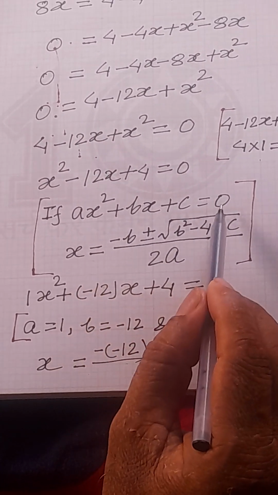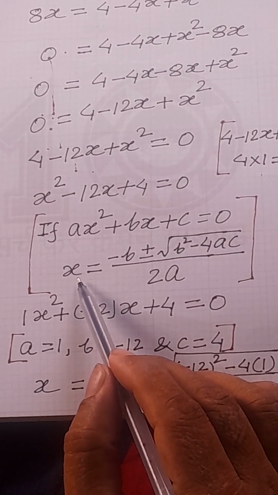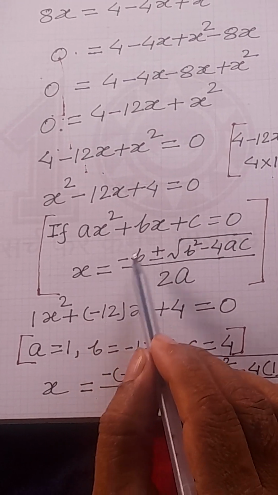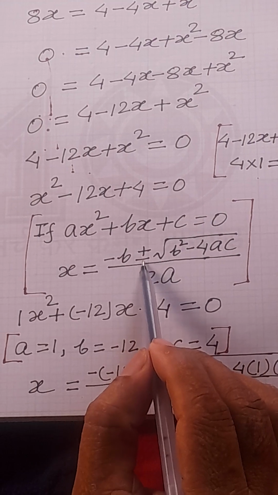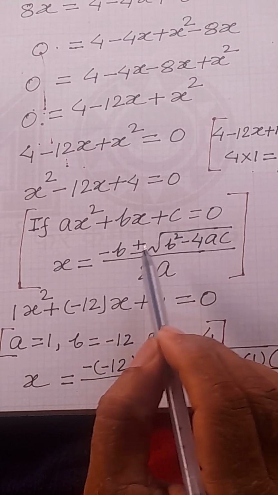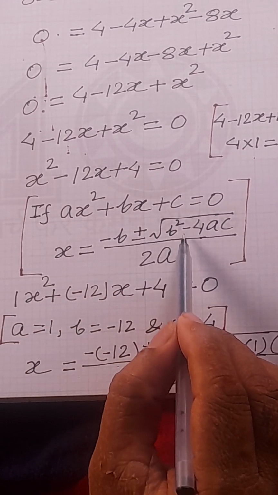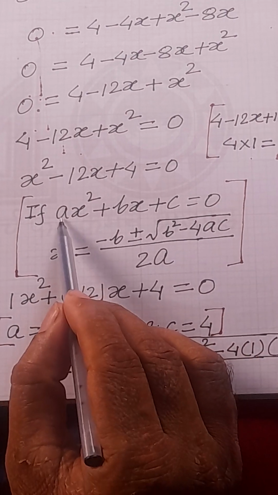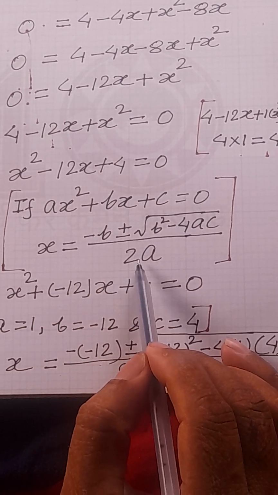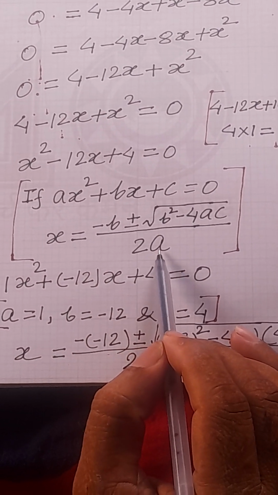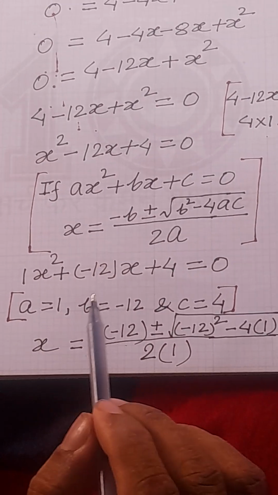If this is the situation, then what is the value of x? x equals minus b plus minus the square root of b square minus 4ac, over 2 multiplied by a.